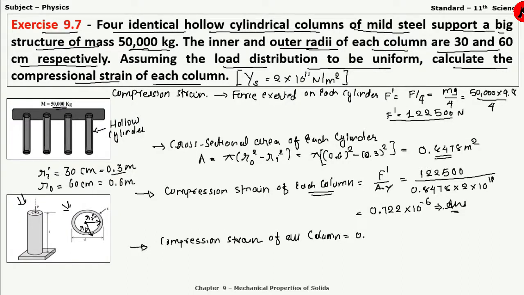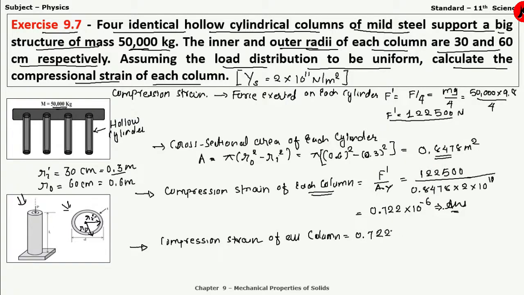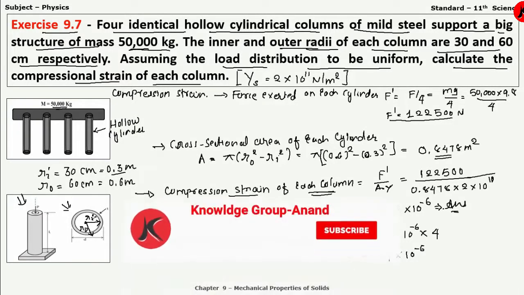So 0.722 into 10 raised to minus 6 into 4. Here we will get 2.89 into 10 raised to minus 6. So this is the compression strain for each column and the compression strain of all columns.